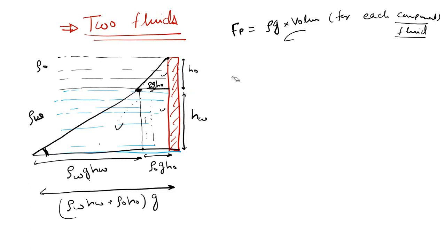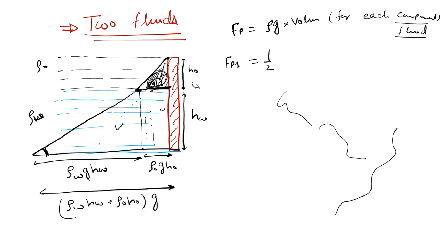Now in each part we will calculate the volume. What is the volume in this part? It is nothing but half, first we calculate the area, rho naught g h naught into height h naught, and how far inside? Up to width B, into B. This is the total volume inside this.